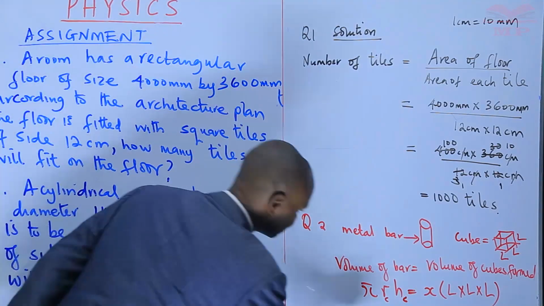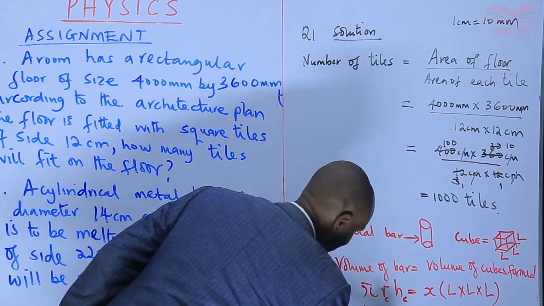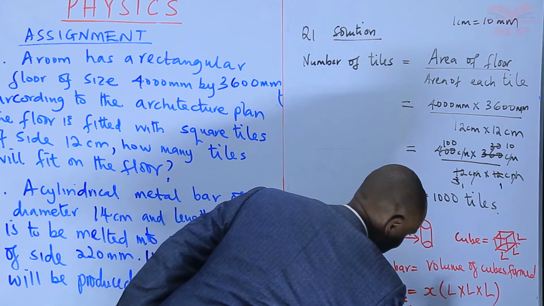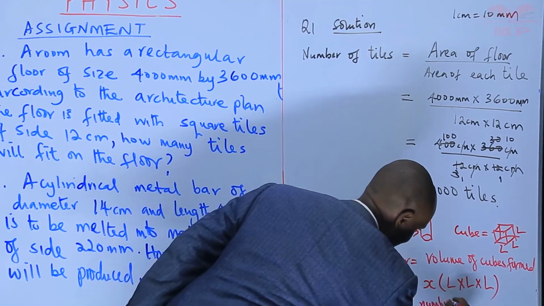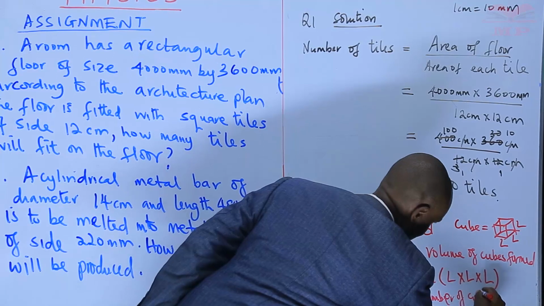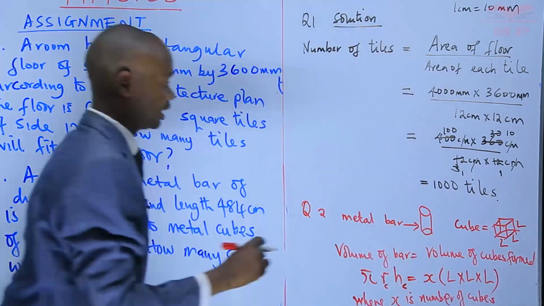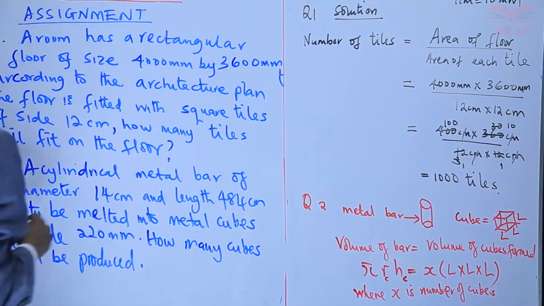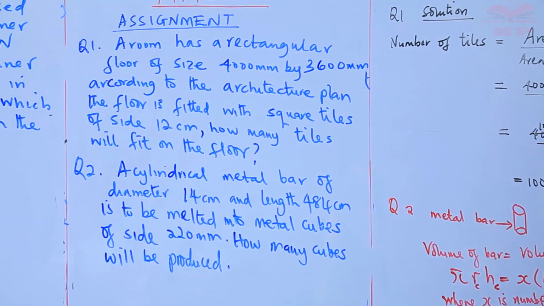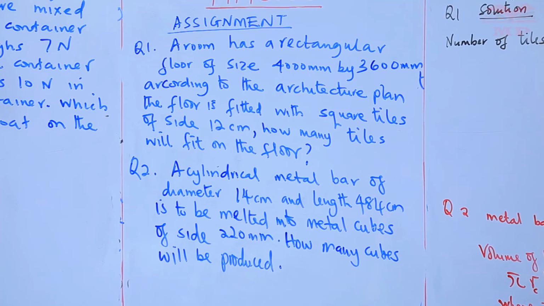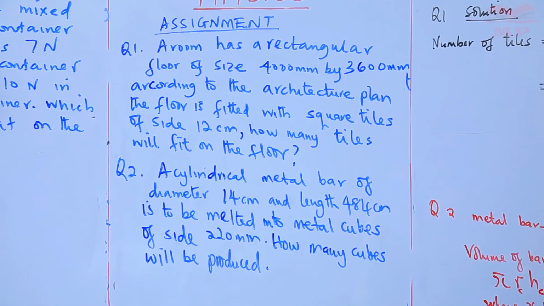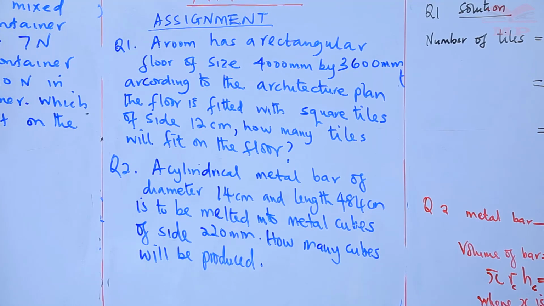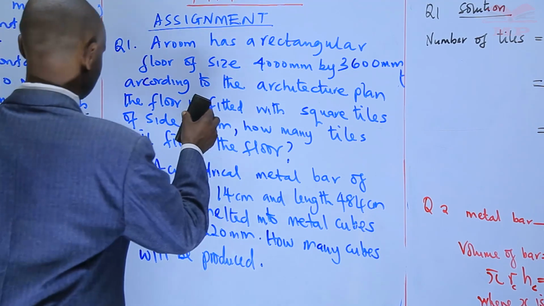And X is the number of cubes. So let's move to a place where we'll get space to go about it. We've gone through question 1, so you can get some space there for that solution.